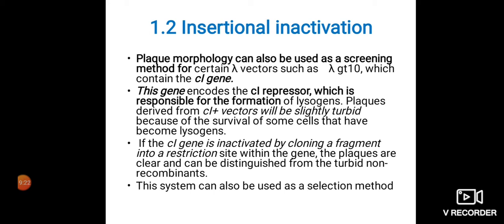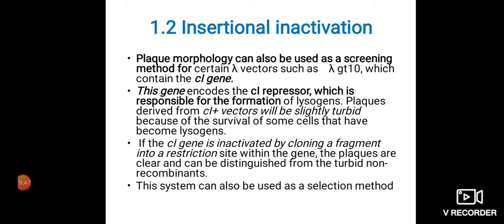Now if you find any cells remaining within the plaque portion, that means those particular cells are in lysogenic form. Lysogeny is active means the cI is active, and cI is active means, in other words, the lambda gt10 is there inside those particular cells. So this is one more method people use for screening.